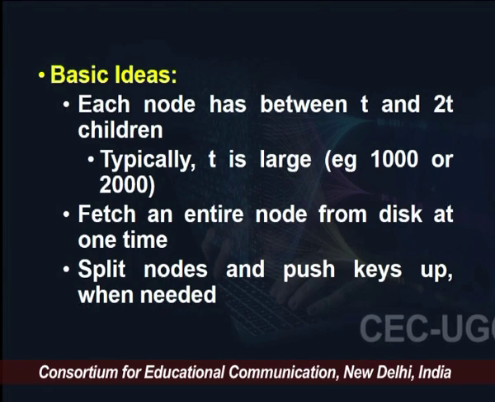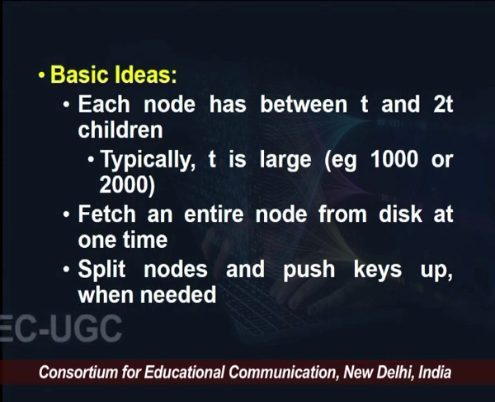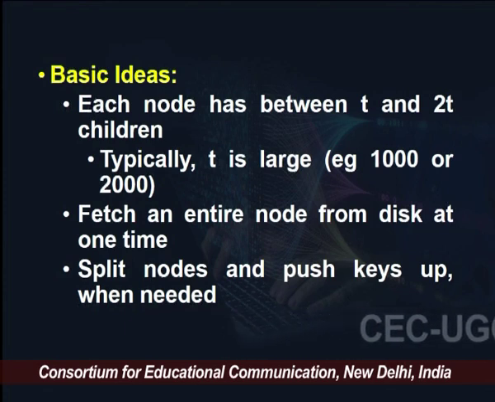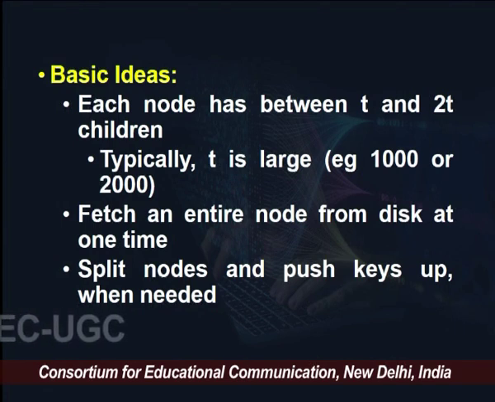As it is named a tree, it has nodes and connections between parent and child. That is the inherent character of a tree. Each node has between T and 2T children. Now what is this T? T is a large number, maybe 1,000 or 2,000.